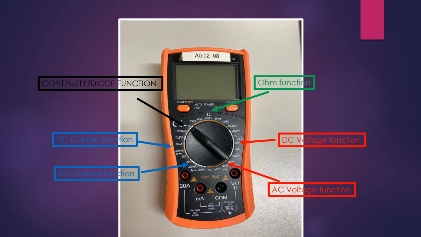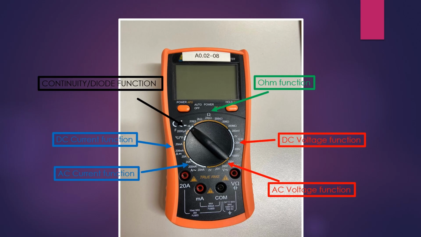At the bottom we have 4 terminals. The first one, on the right hand side, is the volt ohm terminal, and you'll use this terminal together with the common terminal, which is the black one, to measure voltage, resistance, or do the diode or continuity test. Then we have the milliamps and 20 amps terminals that you'll use together with the common terminal to measure current.